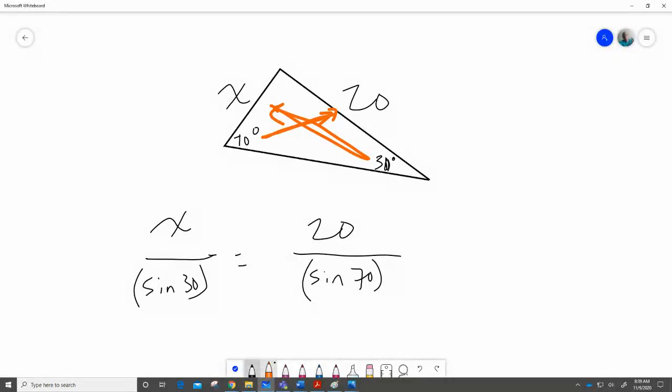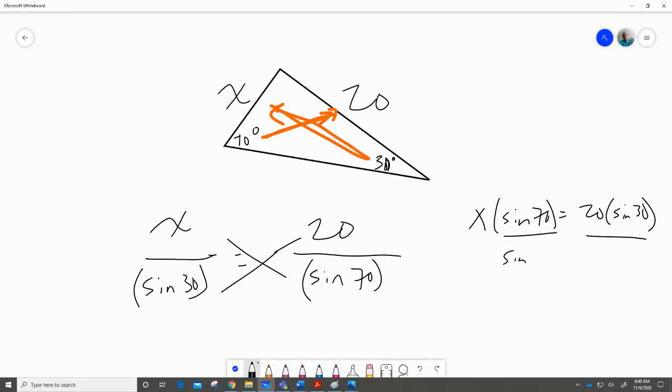So what happens is this. We cross multiply this out. We have x sine 70 equals 20 sine 30, right? Cross multiply, it's a proportion. We want to get x by itself, so we divide by sine 70.